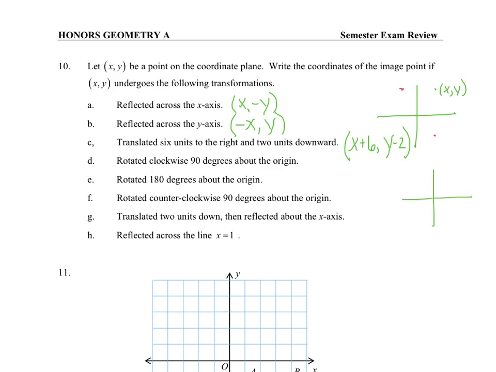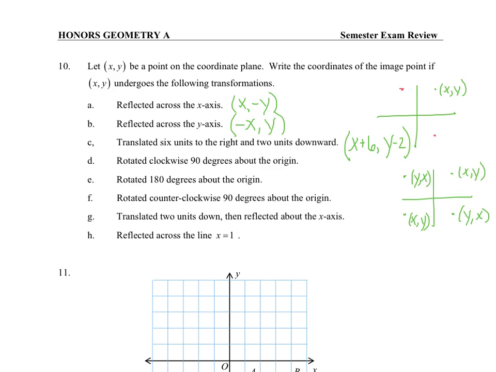I'm going to remind you of that trick that I gave you in class, where if we have a point, every time we change one quadrant, we're going to be switching the order. So (x, y), (y, x), so this is going to be (x, y), and this is going to be (y, x). So every other quadrant is (x, y) or (y, x). Then we can figure out what the signs are based off of what quadrant it's in.